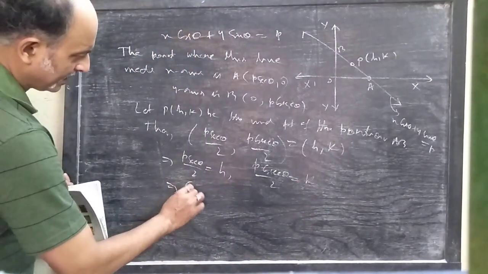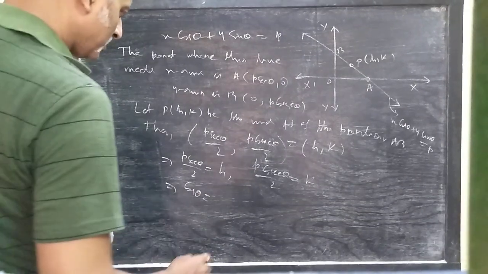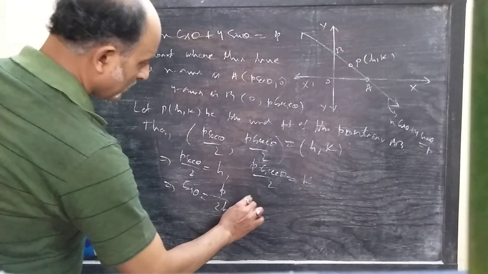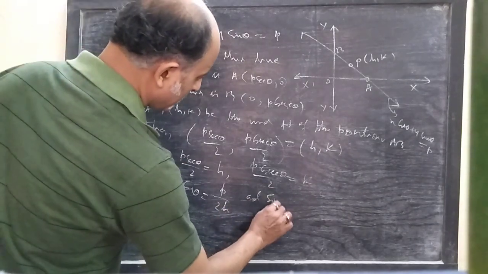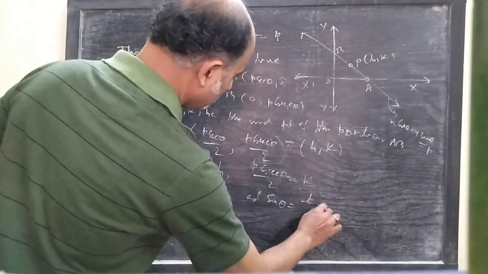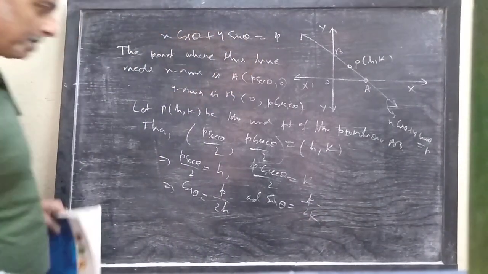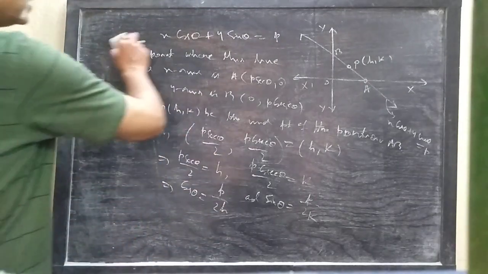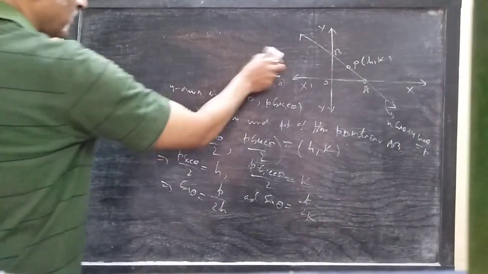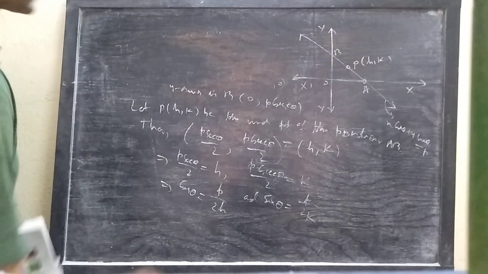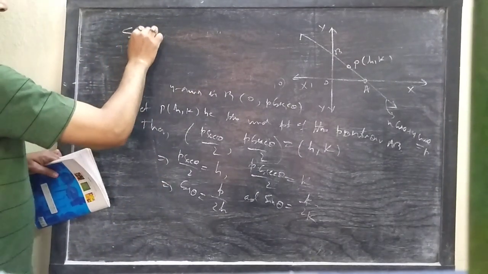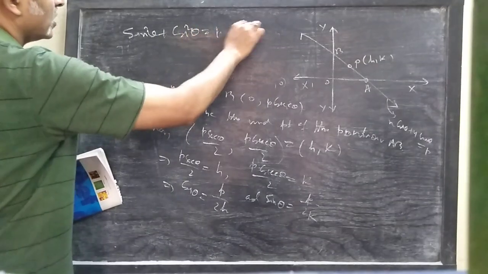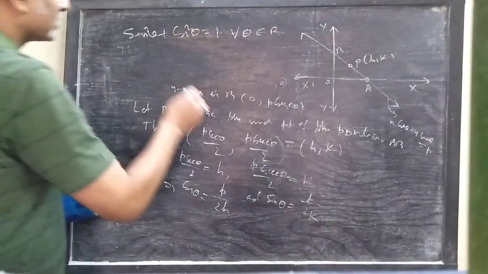From this we get cos theta equals p by 2h, and from this we get sin theta equals p by 2k. Now we know for all real values of theta, sin square theta plus cos square theta equals 1.